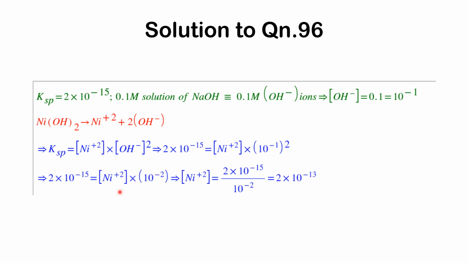So அப்ப என்ன வரும்னா concentration of nickel ion will be equal to 2 times 10 power minus 15 divided by 10 power minus 2. So divide பண்ற போது powers subtract பண்ணணும். So I'll get minus 15 plus 2 வரும். So I get 2 into 10 power minus 13.